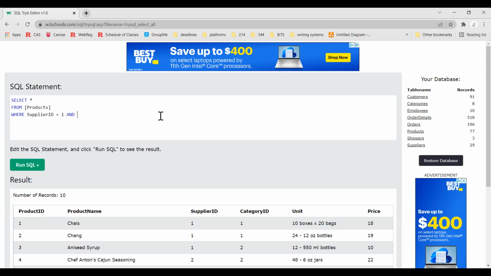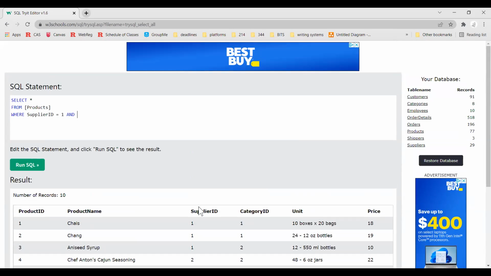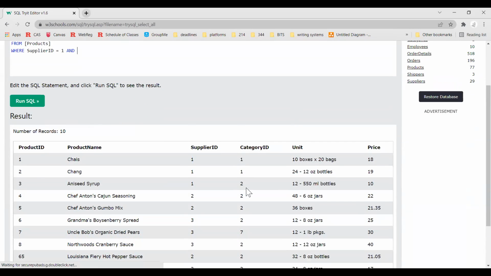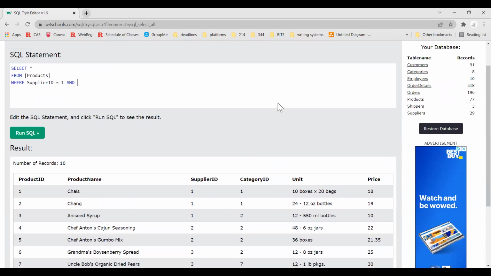So let's do something that we know is possible based on this. Where the supplier ID is 1 here, and you can possibly have a category ID of 1 or 2. So let's go for a category ID of 1, I guess. That should give us 2 records.